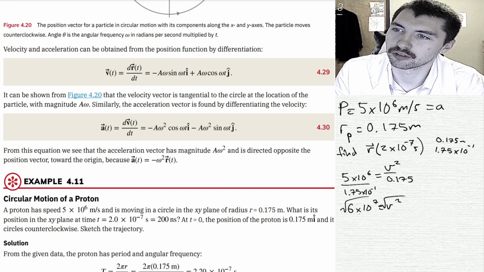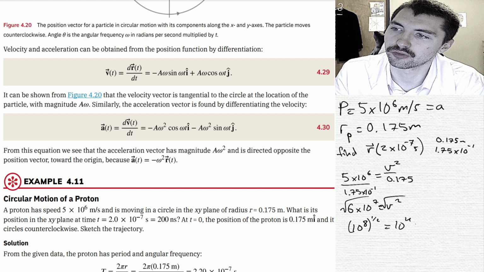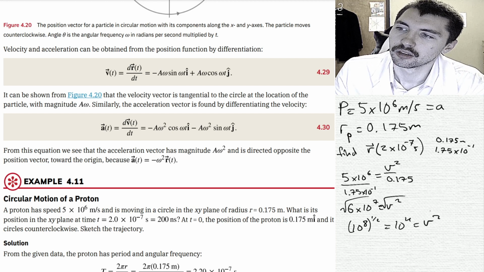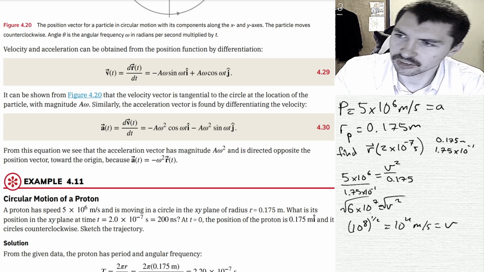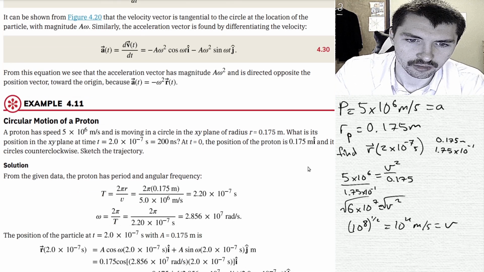We're going to round this up to 10 to the 8. So it would be 10 to the 8 times 1/2 power. So it's going to be 10 to the 4 meters per second is your velocity. So let's see if that's anywhere close.